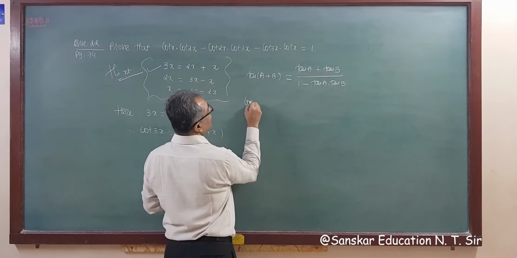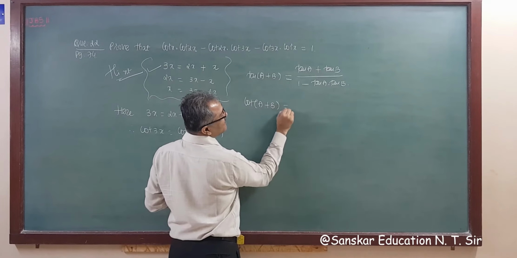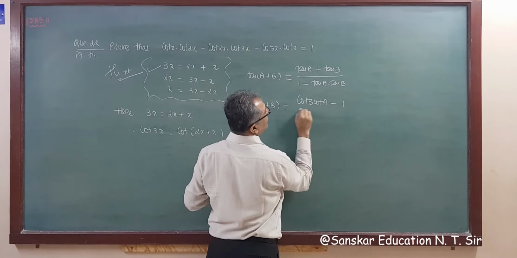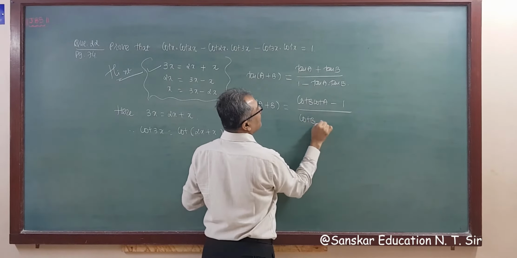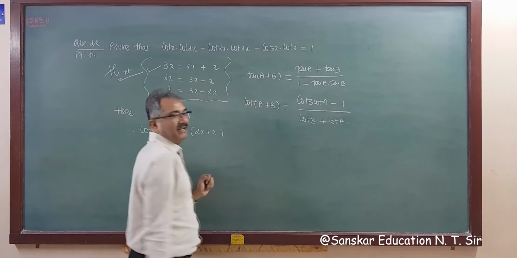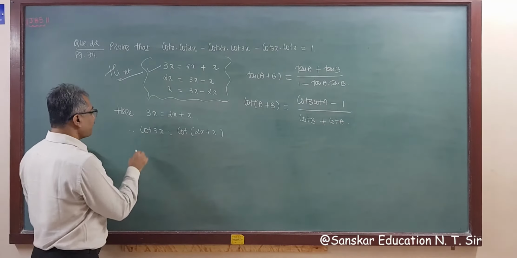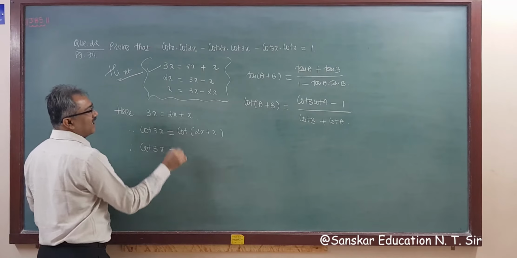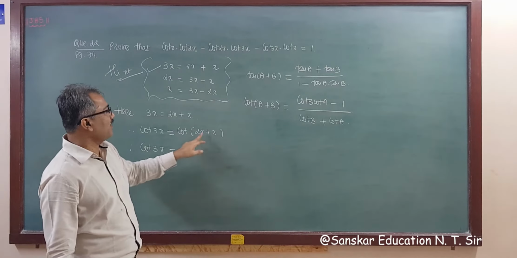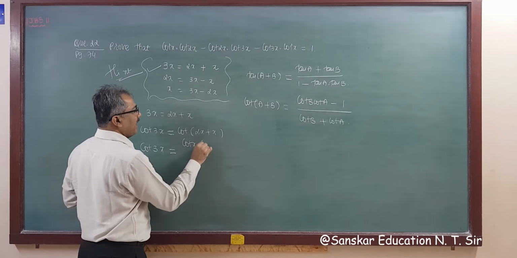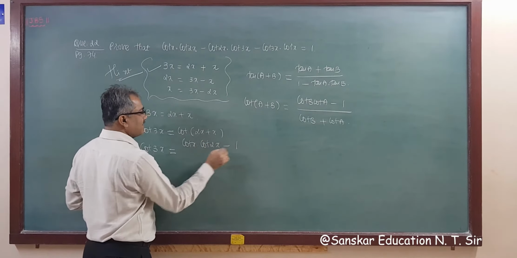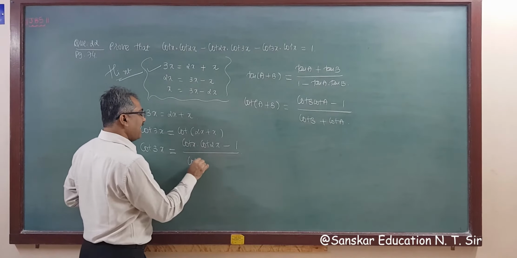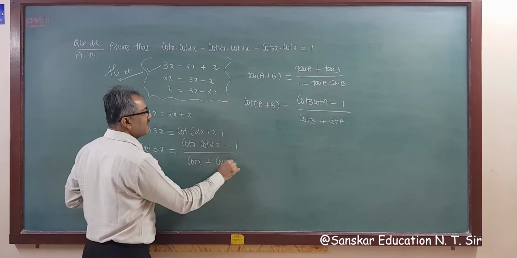So formula for cot (A plus B) is cot B cot A minus 1 whole upon cot B plus cot A. So applying this formula, cot 3x is equal to cot (A plus B), which is cot x into cot 2x minus 1 whole upon cot B, B is x, that is cot x, plus cot A, cot 2x.